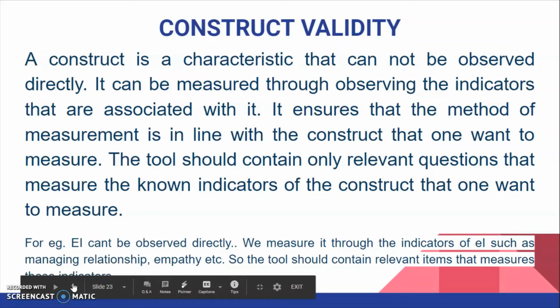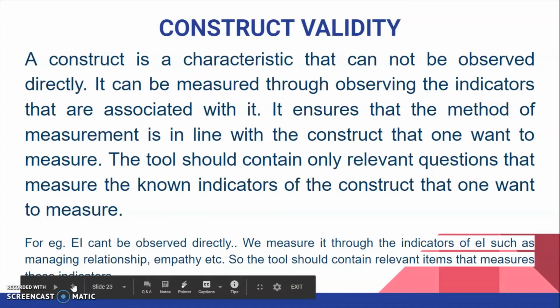So we list out the indicators. And after listing out the indicators, we have to prepare test items that are related to those particular indicators. So in construct validity, each item should be in line with that particular indicator.